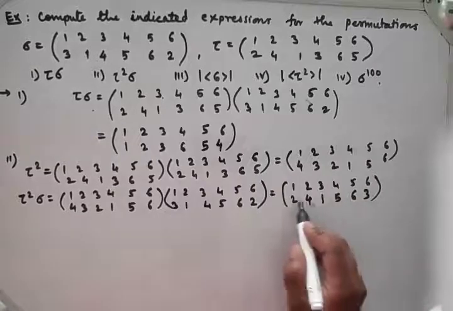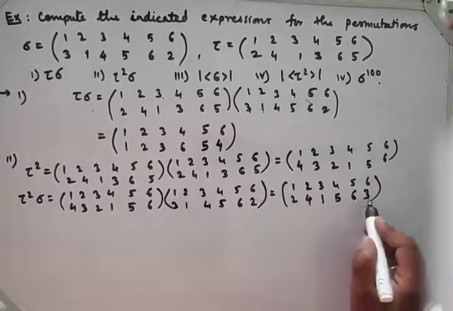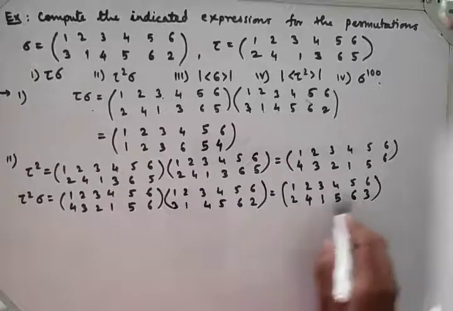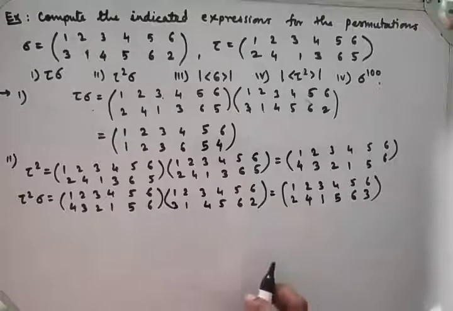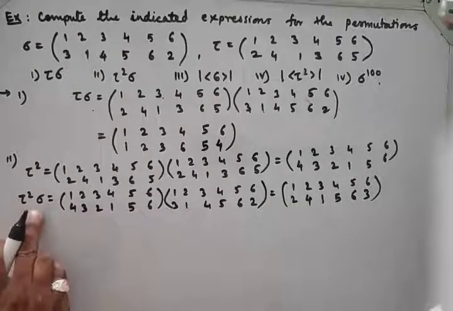Here we get all different values, since values cannot be repeated. So this is the product tau square sigma.